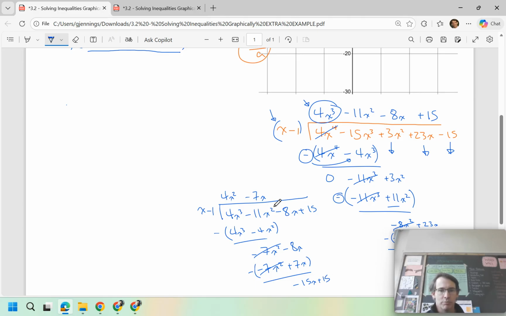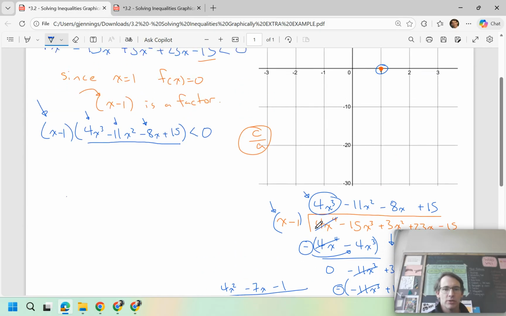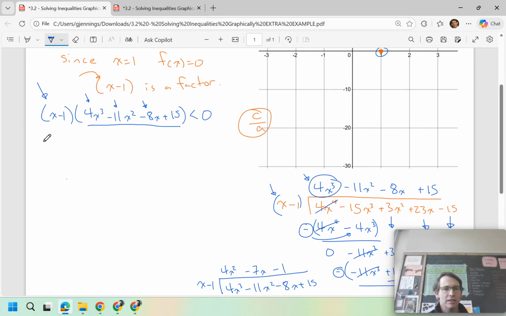That again makes us very satisfied because we multiply here by minus 15, and that returns a 0 remainder again. We get to do the 0 remainder dance, and we're pleased. Yay. Okay, so now we can write that this is equal to x minus 1 squared multiplied by 4x squared minus 7x minus 1. All of that is less than 0.